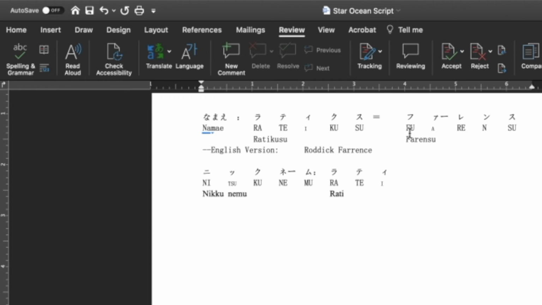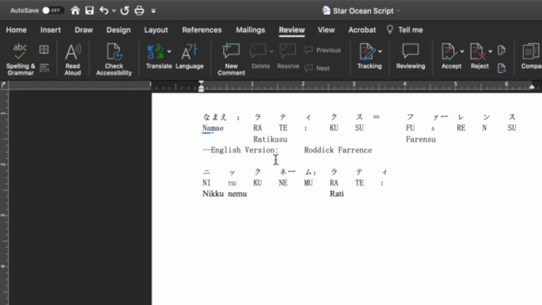And again, similarly, to get a fa, you do fu and a, because they don't have a fa in Japanese, it would come out as ha otherwise. So in the English port, Product Farence is your character, and this is the Japanese somewhat equivalent, Ratsu Farensu.